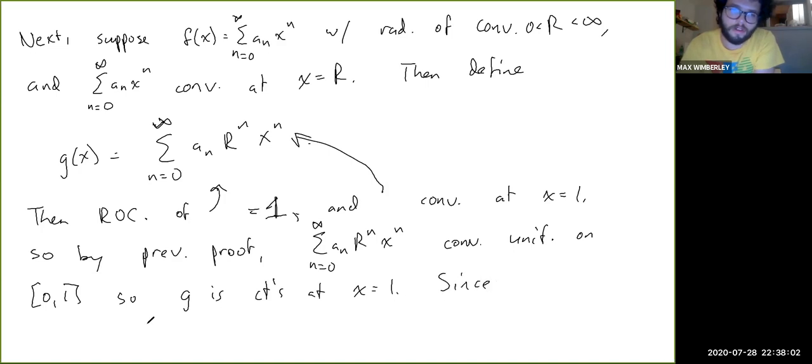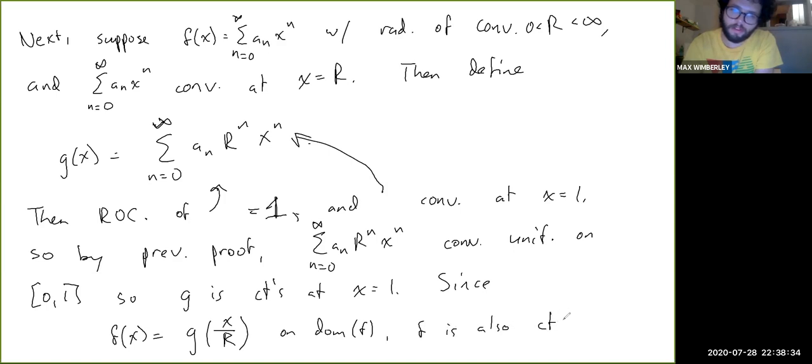Since g of x equals f of rx, f of x is g of x over r. So g of x over r, on the domain of f, f is also continuous at x equals r.